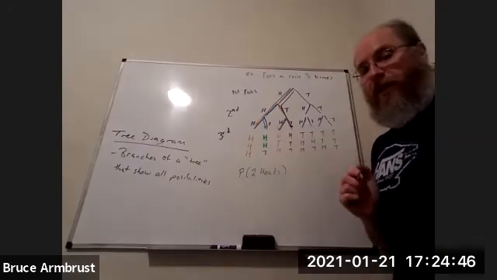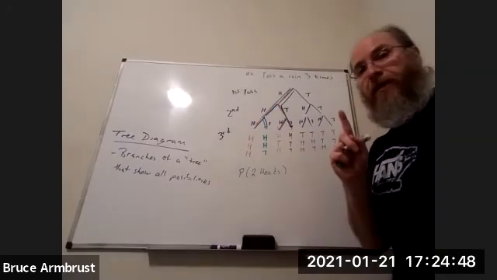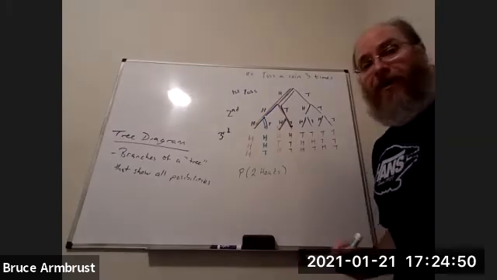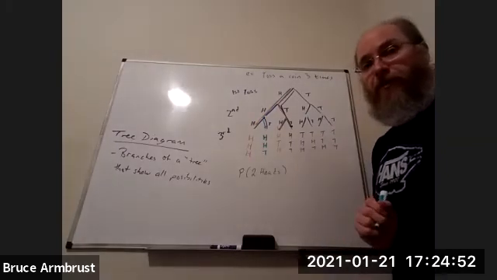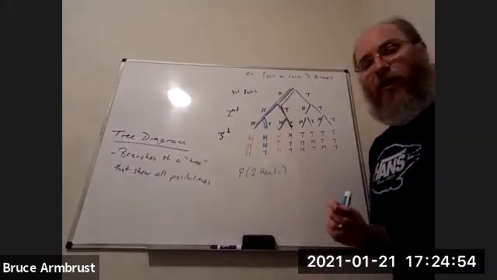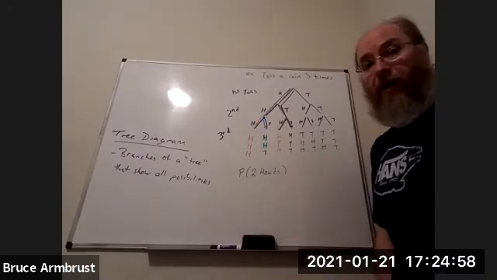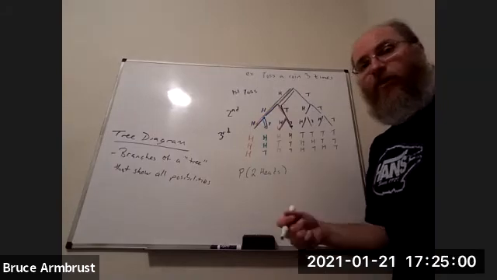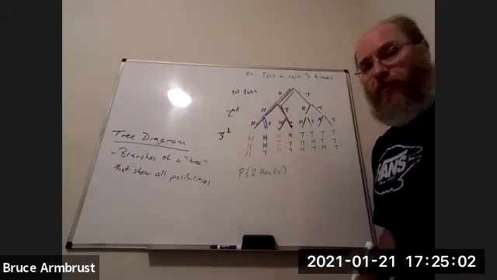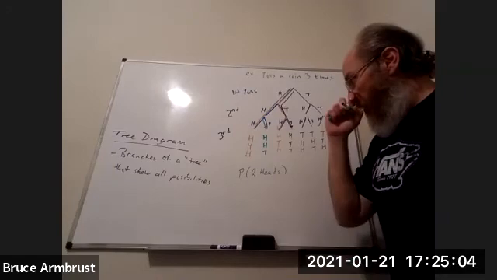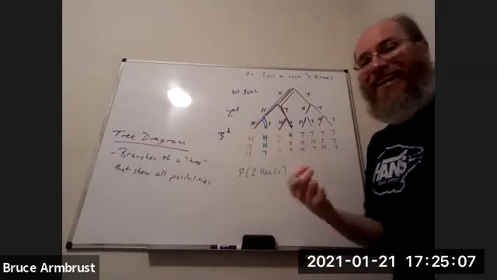Think about what we need. We need to know 2 numbers. One, how many of the tosses give us 2 heads. And then we also need to know how many total possibilities there were in terms of different outcomes tossing the coin 3 times. Okay, so let's start with getting exactly 2 heads.